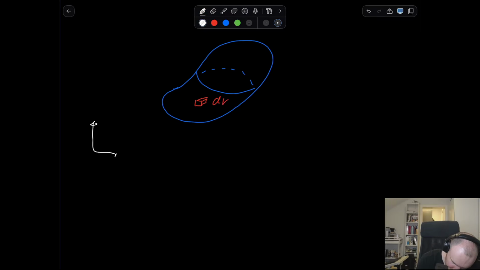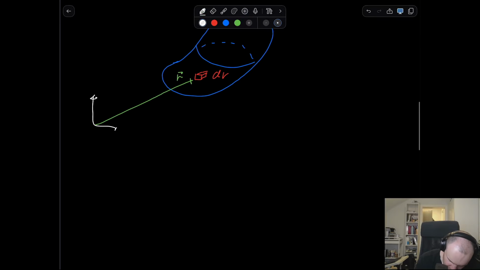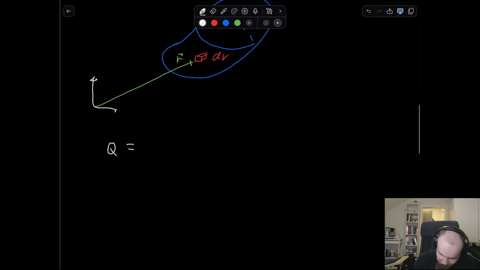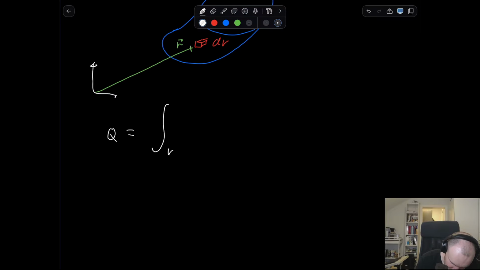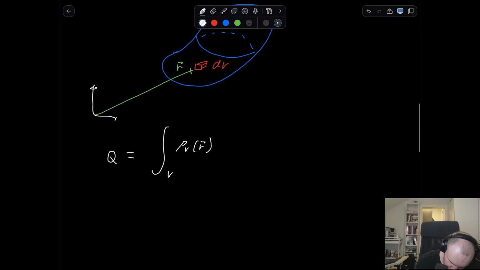And then, of course, I have my vector up to there. That's just r. And we can write that charge Q, which is continuously distributed over this volume, as the integral of rho V as a function of r, because r points to where that d volume is, and that is where we are looking at the density.